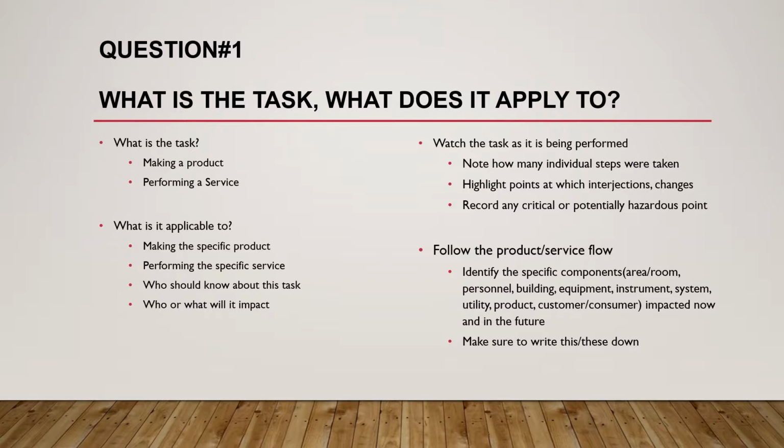Highlight points at which interjections or changes occur. Record any critical or potentially hazardous points. Follow the product service flow. Identify the specific components: area, room, personnel, building, equipment, instrument, system, utility, product, customer, consumer impacted now and in the future. Make sure to write these down.